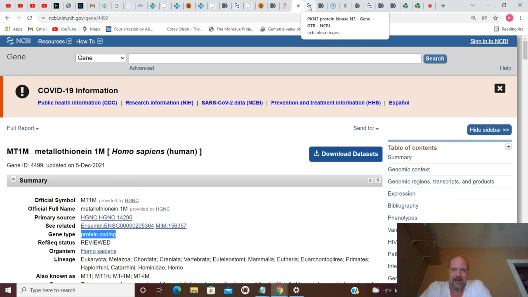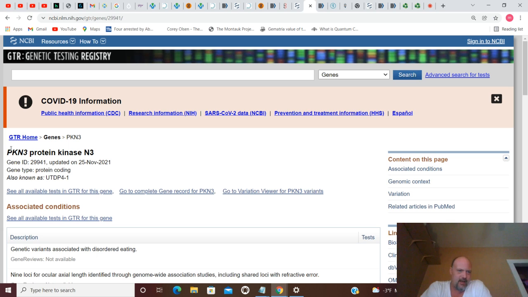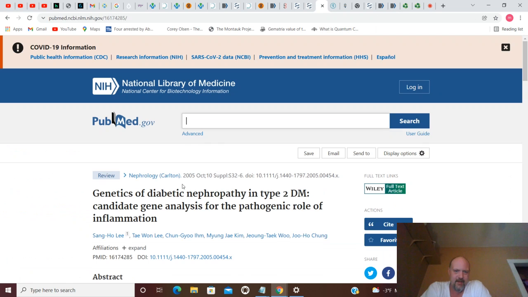If you move on from that, you got N3. PKN3, protein kinase N3. So it's another protein coding gene. So there's another protein coding gene. If we move on from that, you have 2DM. Genetics of diabetic neuropathy in type 2DM.